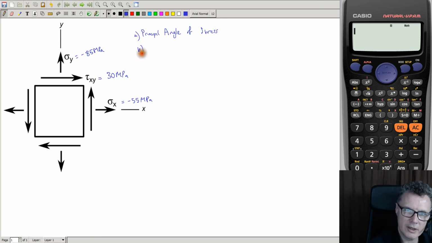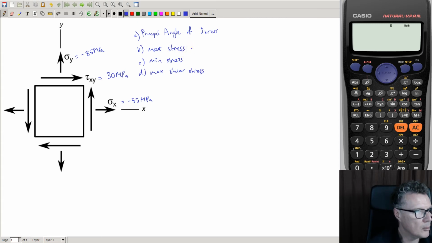We want to find the maximum stress value, the minimum stress value, and the maximum shear stress value. So these are normal stress values.